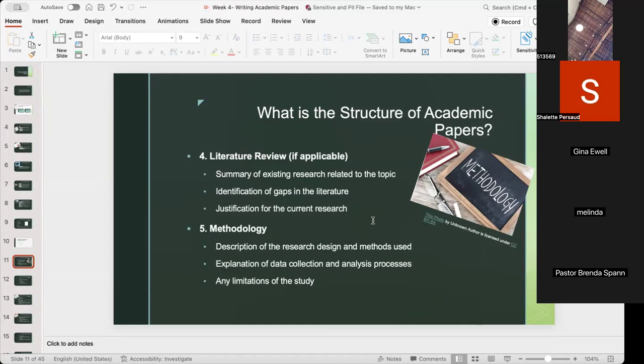It could also be an explanation of any data that you have collected, and it can analyze that data as well. And are there any limitations on the topic or the study that you are discussing in your paper?